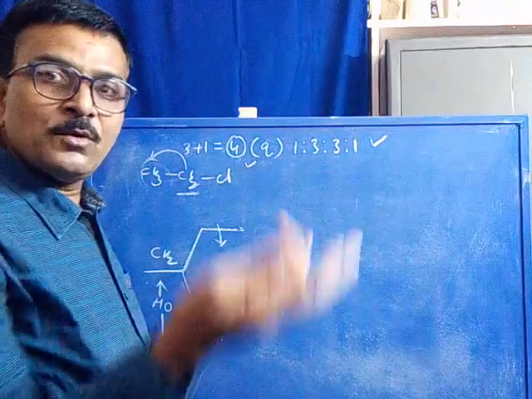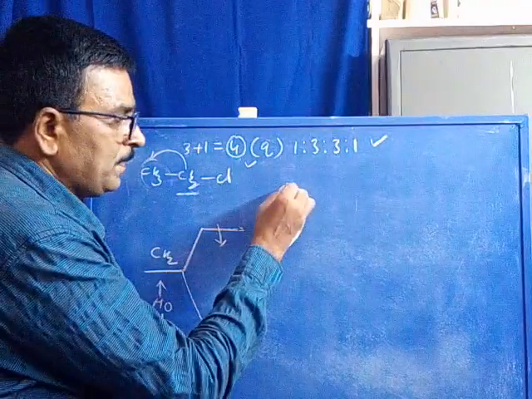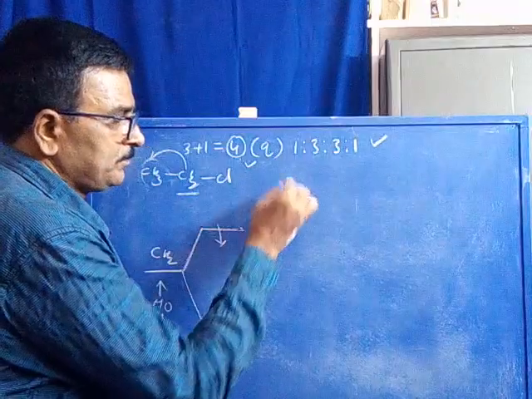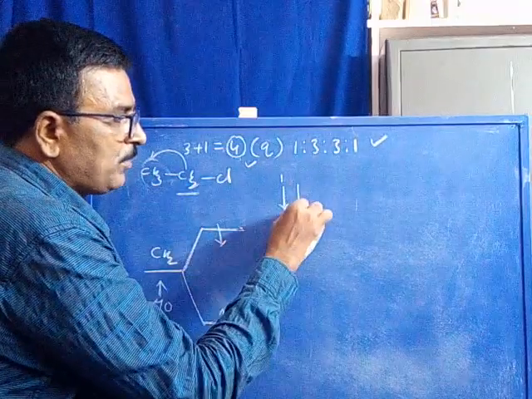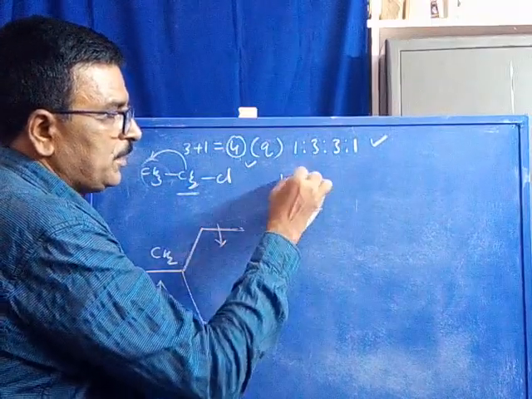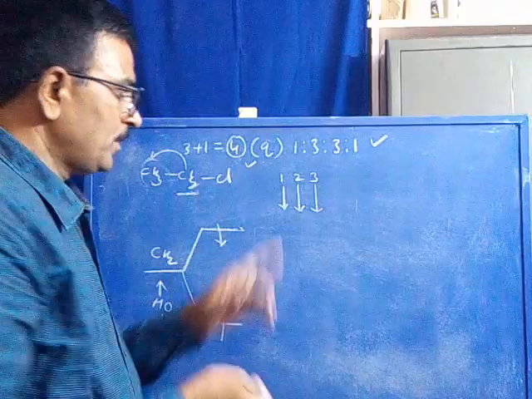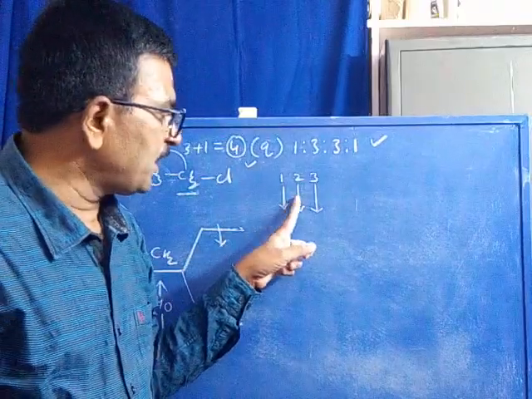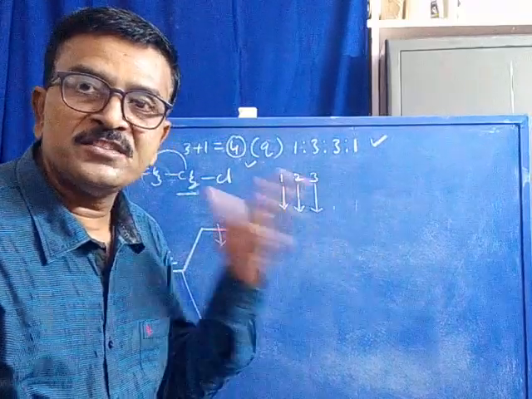Let us write what orientations are possible. First proton, second proton, third proton of CH3.